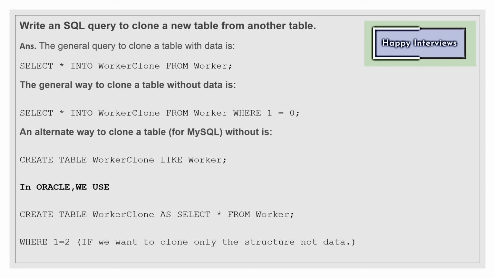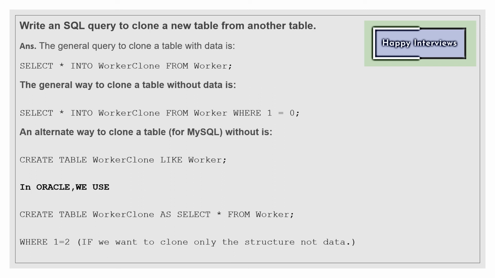What does it mean? First the structure will be cloned, and when it starts putting the data in the new table, it will check the condition: if this condition is satisfied, then it will move the data, otherwise not. So if I write 1 is equal to 0, that means the condition doesn't satisfy, and the query will be terminated there only. So only the structure will be created.